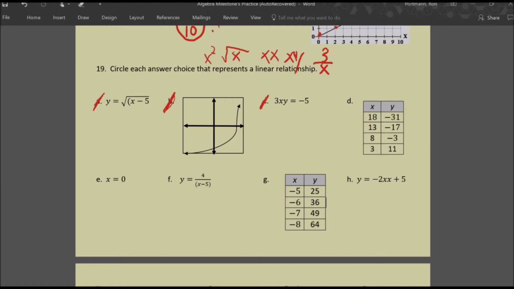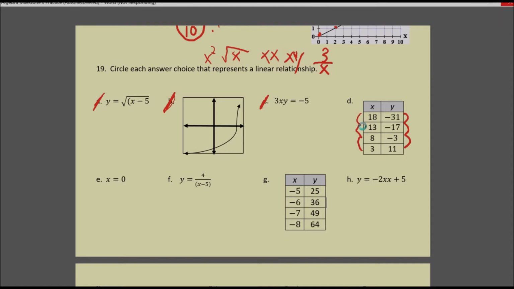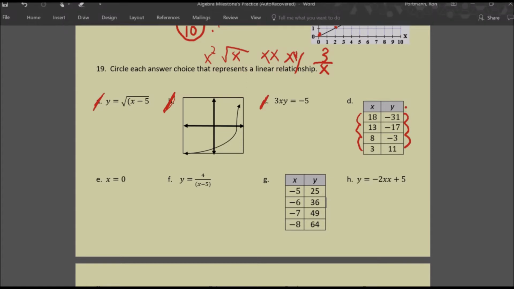Now, when it gets to a table, that's where just a little bit of computation comes in. Before, we just looked at them. It requires memorization. We got to know that a table, in order for it to be linear, has to have a constant rate of change, and it's got to be constant throughout the entire table. Of course, any two ordered pairs are going to have a rate of change, but not every 3 pairs is going to.